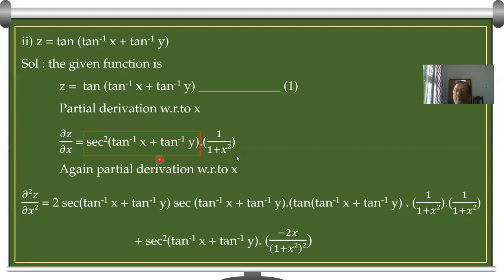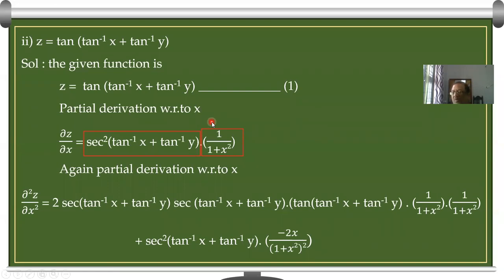We are applying the UV property here. Why are we applying the UV property? Because we have two functions. It is a U function and it is a V function.